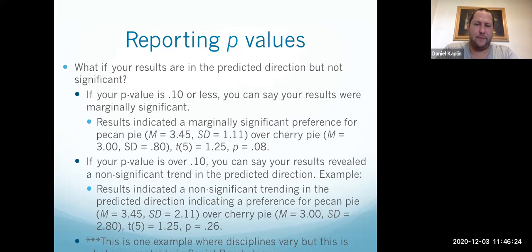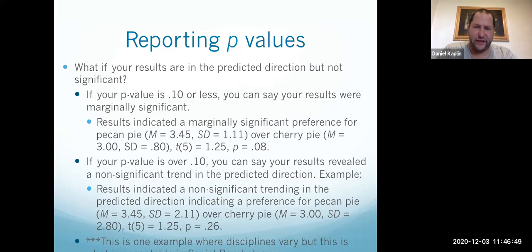you can say your results were marginally significant. Here's an example write-up, and I realize I messed the italics up, but I'll correct that when we read it. Results indicate a marginally significant preference for pecan pie with a mean of 3.45 and a standard deviation of 1.11 over cherry pie, a mean of 3.00 and a standard deviation of 0.80.